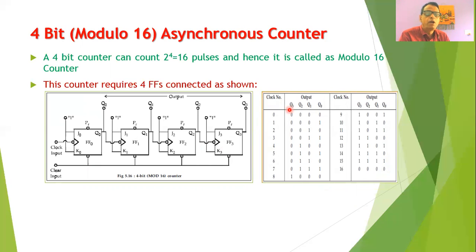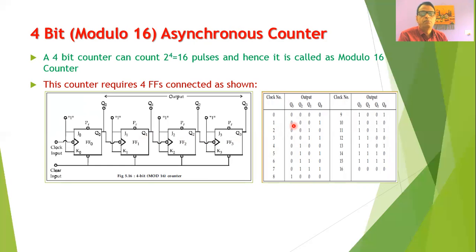As we go on applying the pulses, Q0 will change every time, but Q1 will change only when Q0 changes from 1 to 0. Q2 will change only when Q1 changes from 1 to 0, and Q3 will change only when Q2 changes from 1 to 0. Therefore, one can easily observe that we are actually getting a binary number sequence whenever the pulses are applied to this circuit.